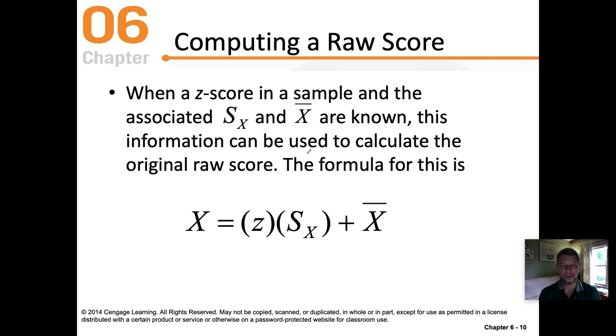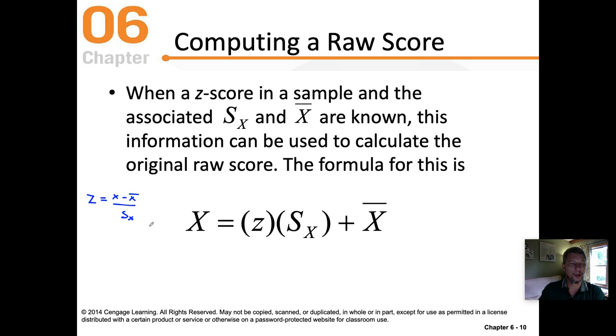The formula for this is x equals z times the standard deviation of the sample plus the mean of the sample.